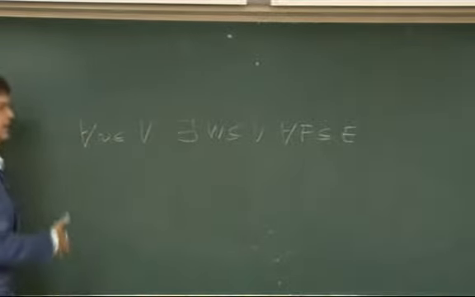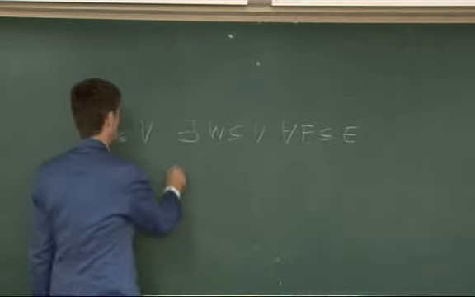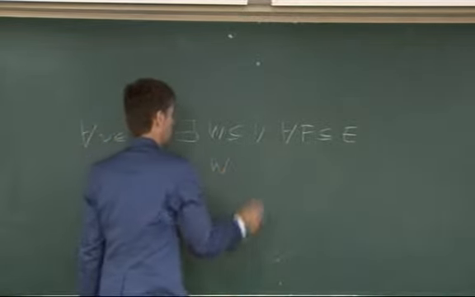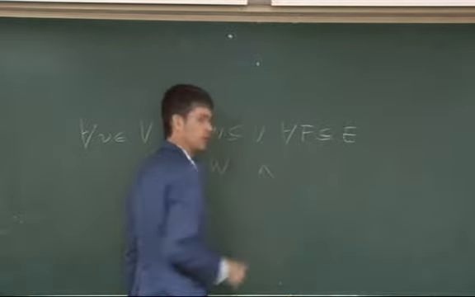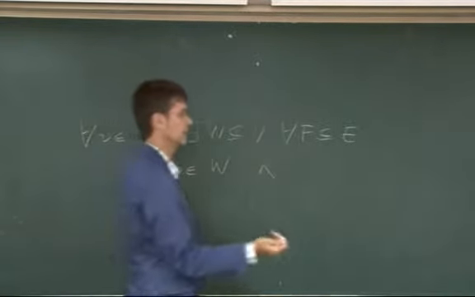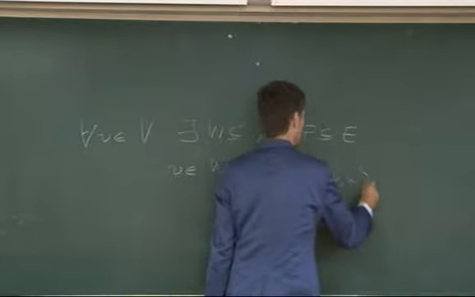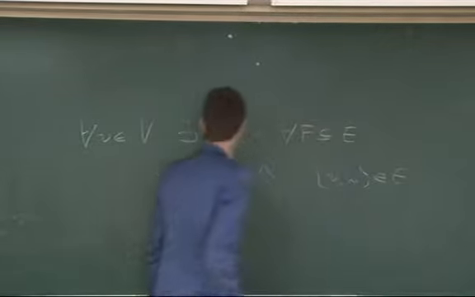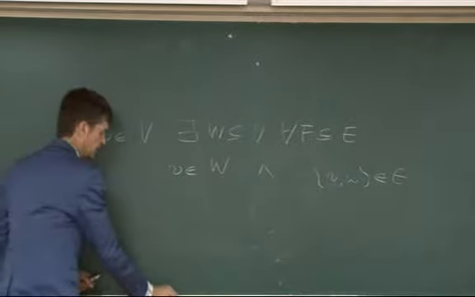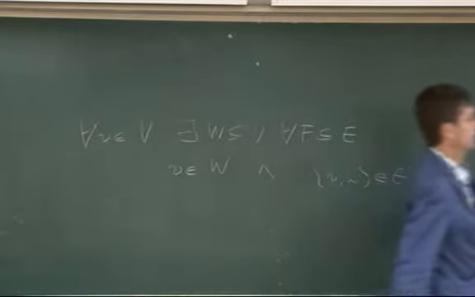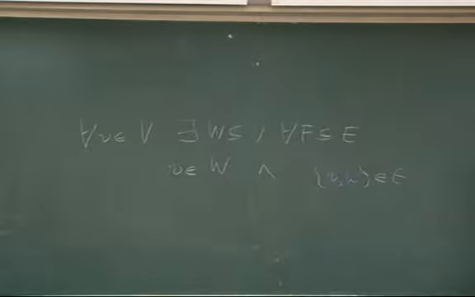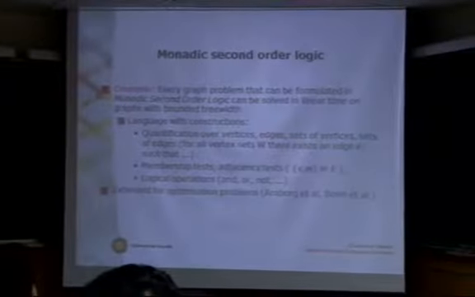And then you can write things like vertex v is a member of set W, and you can use logical operations, and you can say that two vertices are adjacent, and so on. So there are a number of these things, and if you can express your problem in this language, then you can use Courcelle's theorem that tells you that there is a linear time algorithm for this problem in graphs of bounded tree width.